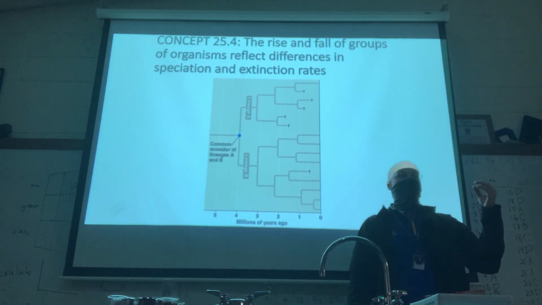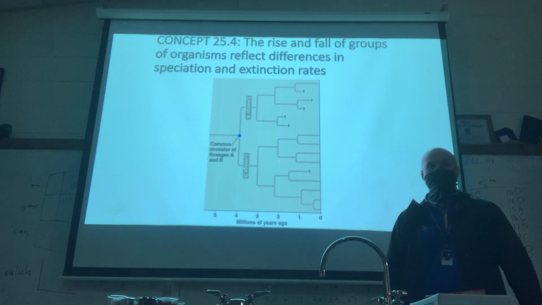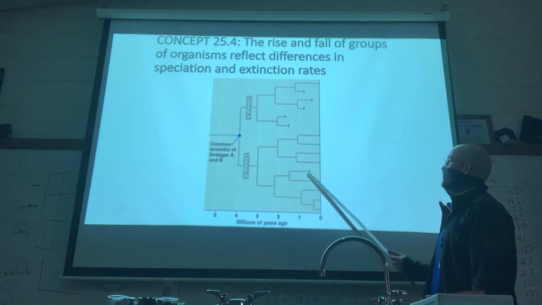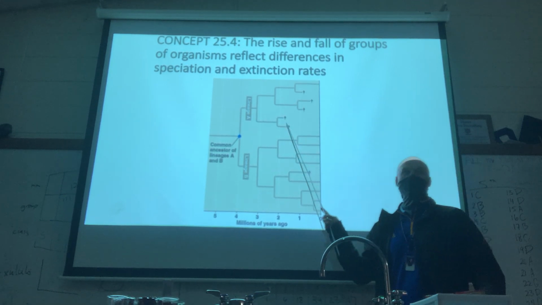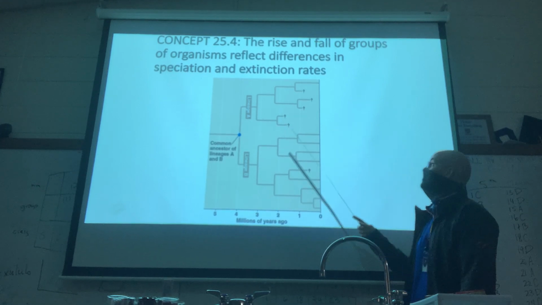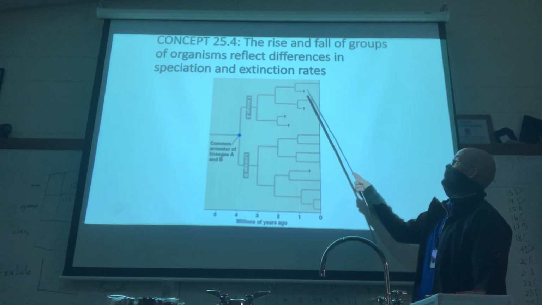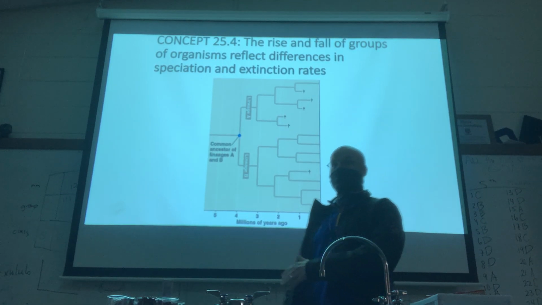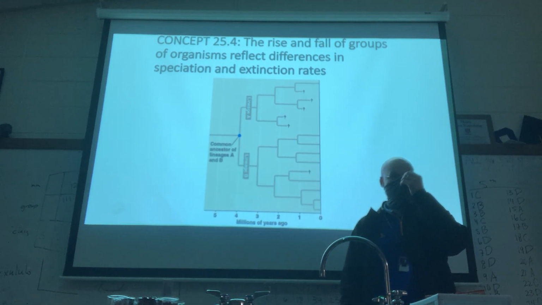Extinction is noted by what? The little dagger here shows a pathway that no longer lives on Earth, and we indicate that as the symbol for extinction. Extinction means the entire species is gone. This is something that happens a lot.